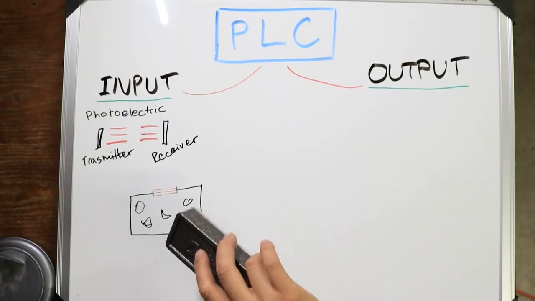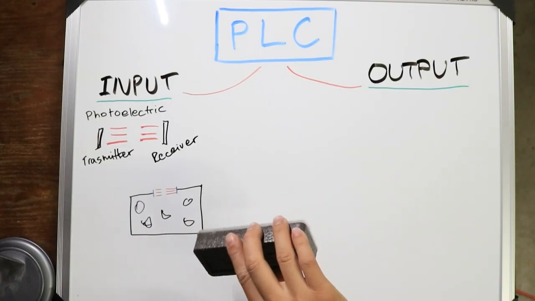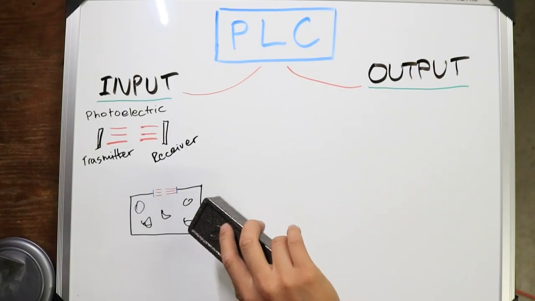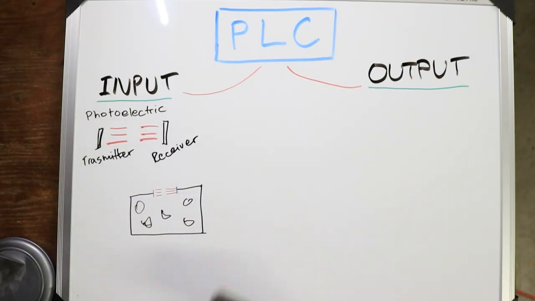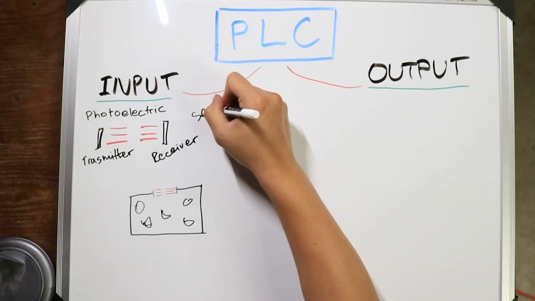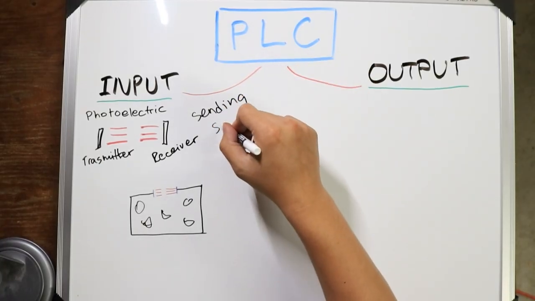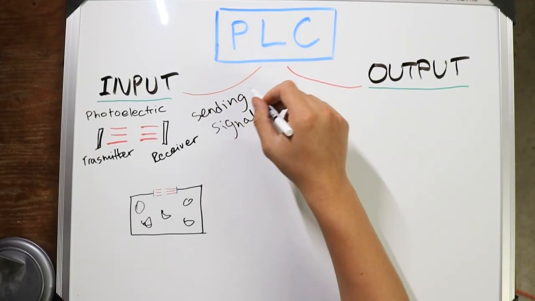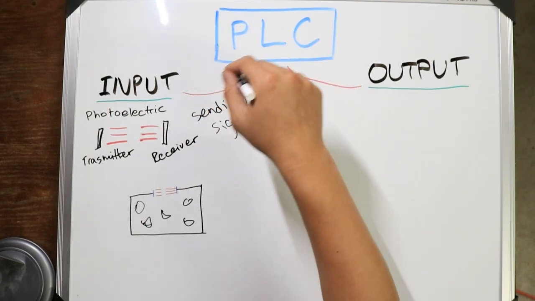So a lot of the time we use photoelectric sensors for safety, and these are considered inputs because it's sending data, sending a signal to the PLC, and the PLC is receiving that signal.